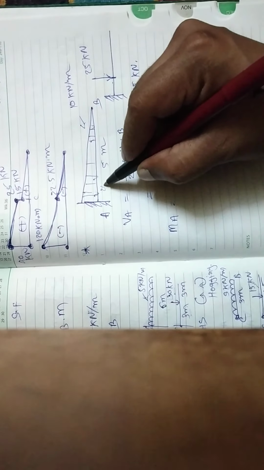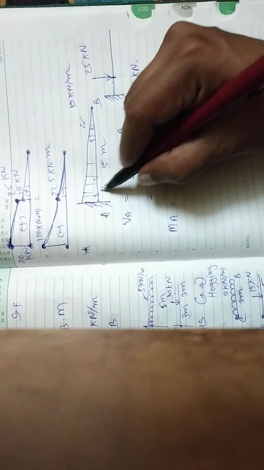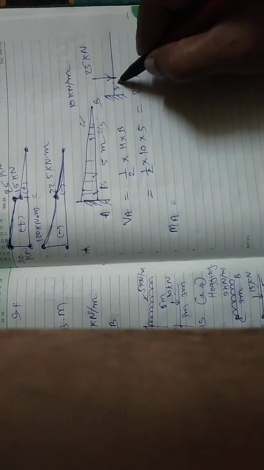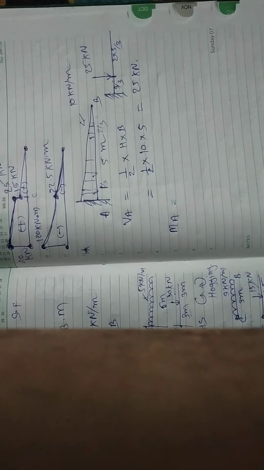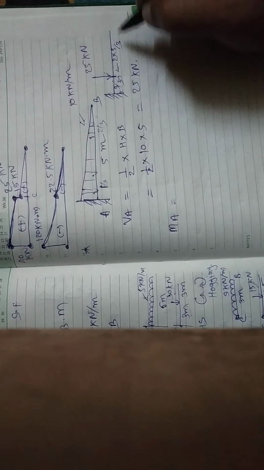So it's 1/3, and you can say it's 2/3 on the right hand side. So 1/3 of 5 is 5/3, and you can say it's 2 into 5/3. Correct. So this is the distance distribution around its CG.